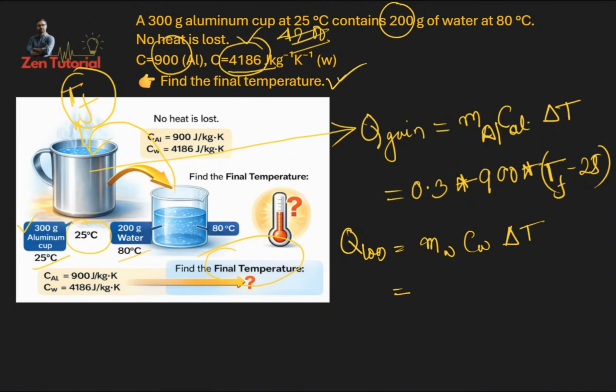The mass of water is 200 grams, it means 0.2. The specific heat is given as 4186, let's plug in the value, and the temperature difference. So the temperature is 80 and TF, so 80 minus TF, right?